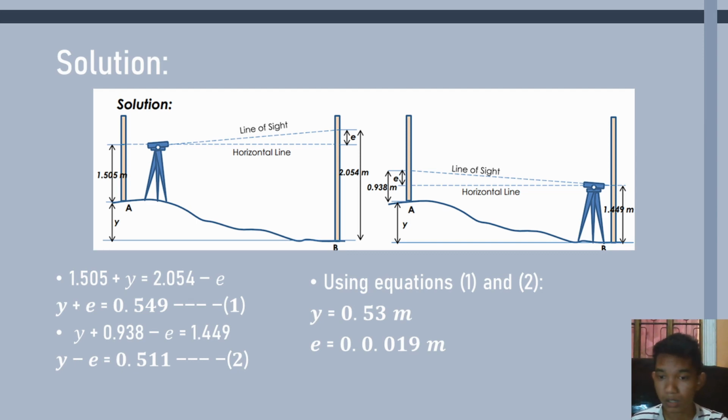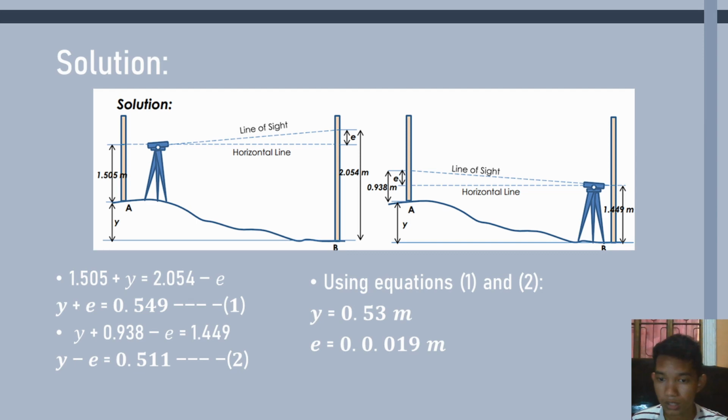So after observation, we have this equation: 1.505 plus y is equal to 2.054 minus e. E is the distance from the horizontal line and the line of sight. So we have equation 1, which is y plus e is equal to 0.549.